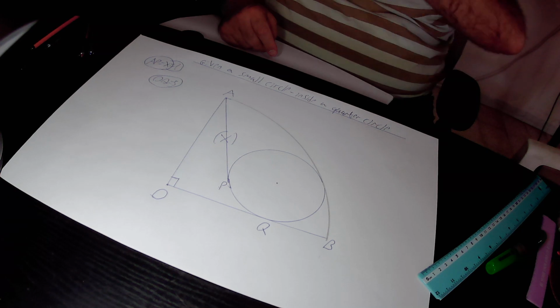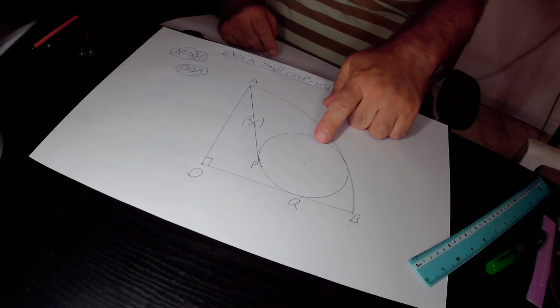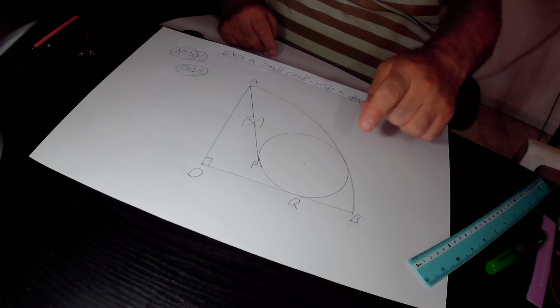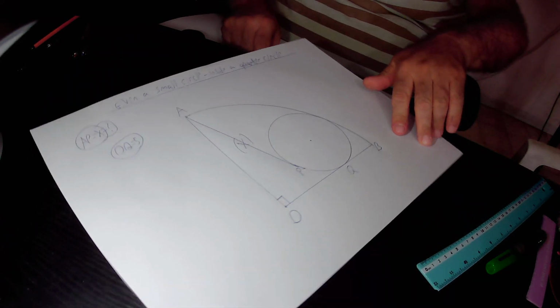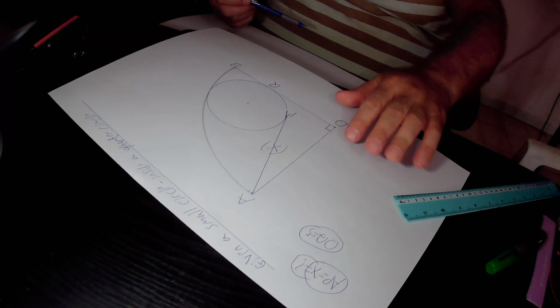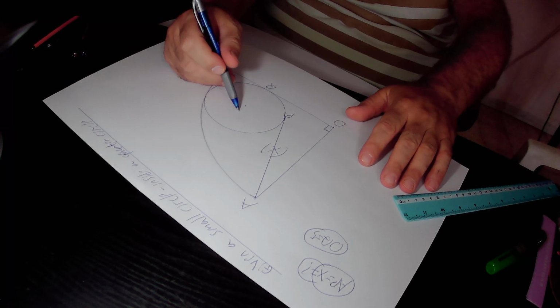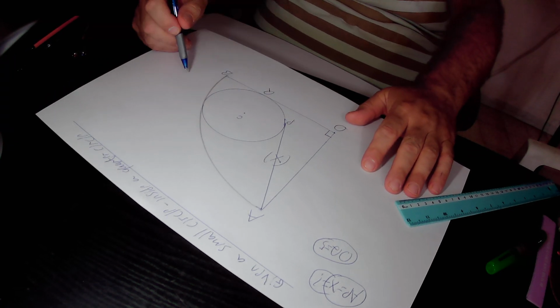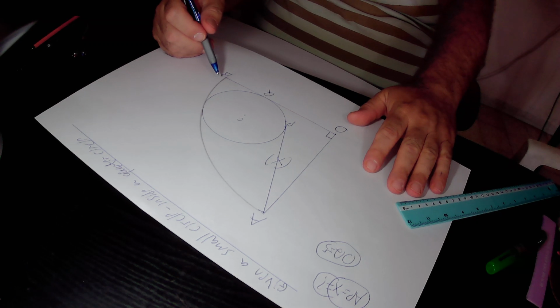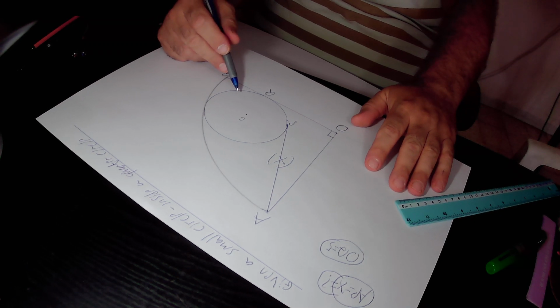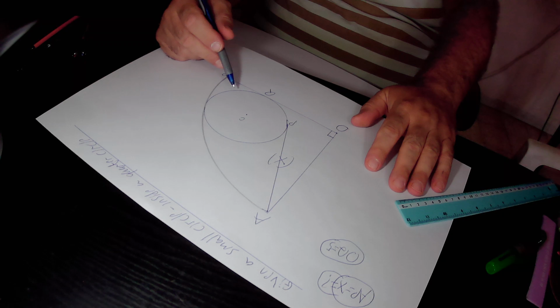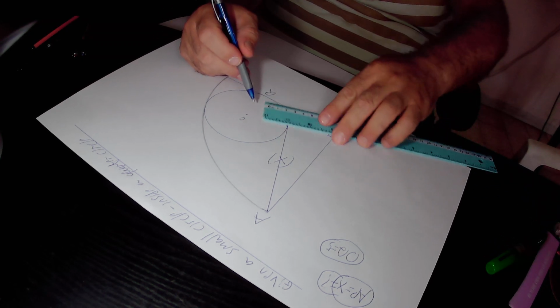Okay, so first of all, we define the center of this small circle. This point is point C. We define the radius of this small circle as a. We join points C and P together by a straight line.